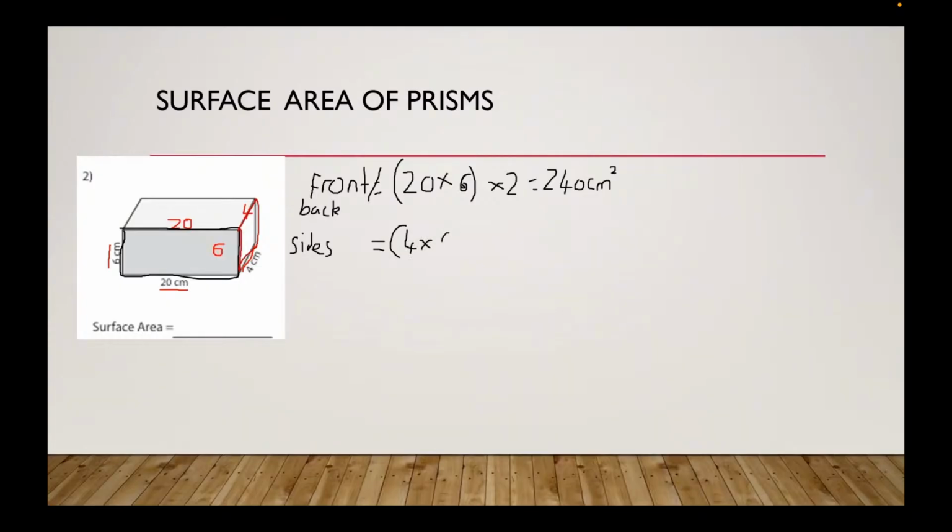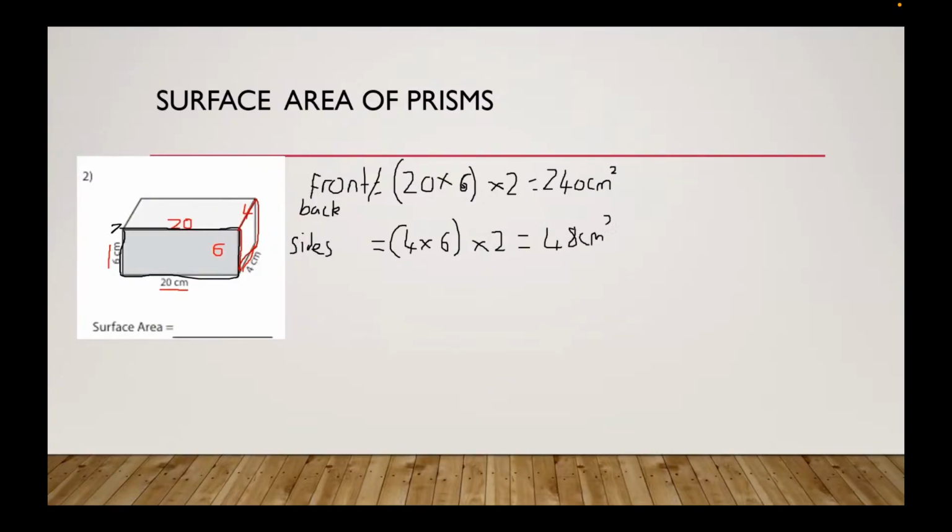I'm putting it in brackets here to show you the measurements I'm using. You don't have to if you don't want to. The area of the right side is 4 times 6, and once again we're multiplying it by 2 because the left hand side, the side that we can't see over here, and the right hand side are the same thing. So 4 times 6 is 24, times 2 is 48 centimeters squared.